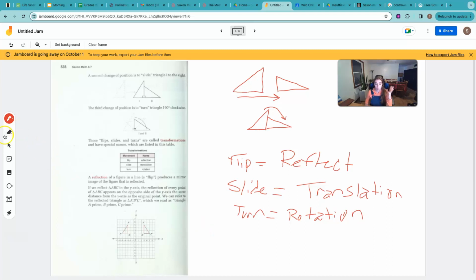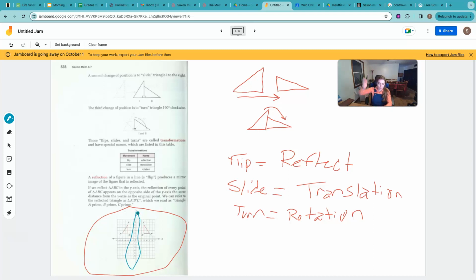So, problems you are going to see. One of them is using a coordinate grid. Right down here, a reflection has occurred. These triangles here, we would say that it has been reflected across the y-axis. Because remember, the y-axis is the axis that goes up and down.